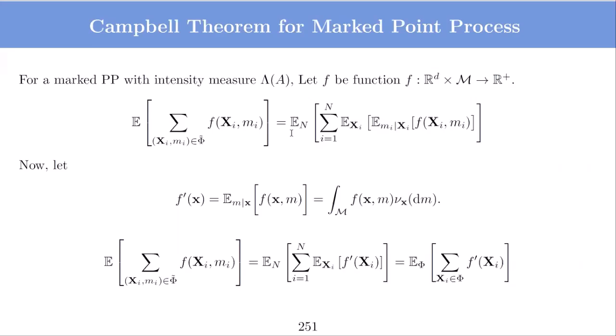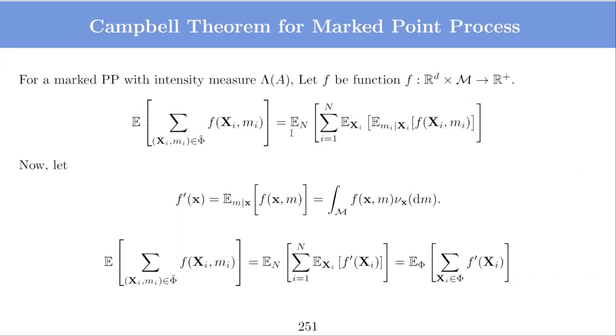We have to take the function with the point and the mark both. So here we are interested in computing the expected value of the summation of f(xi, mi), and this summation is taken over all points in the point process. So just go to each point, find xi and its mark mi, compute the function, do it for every point and add it. And the question is, what is the expected value of it?